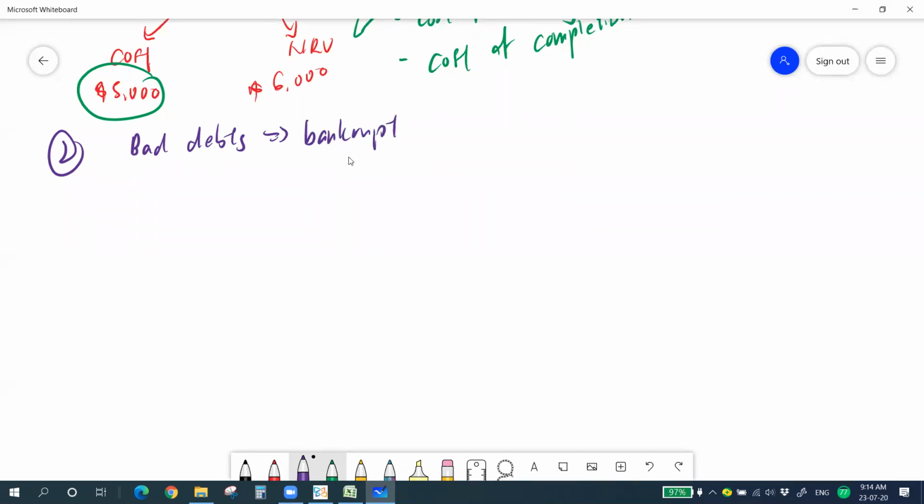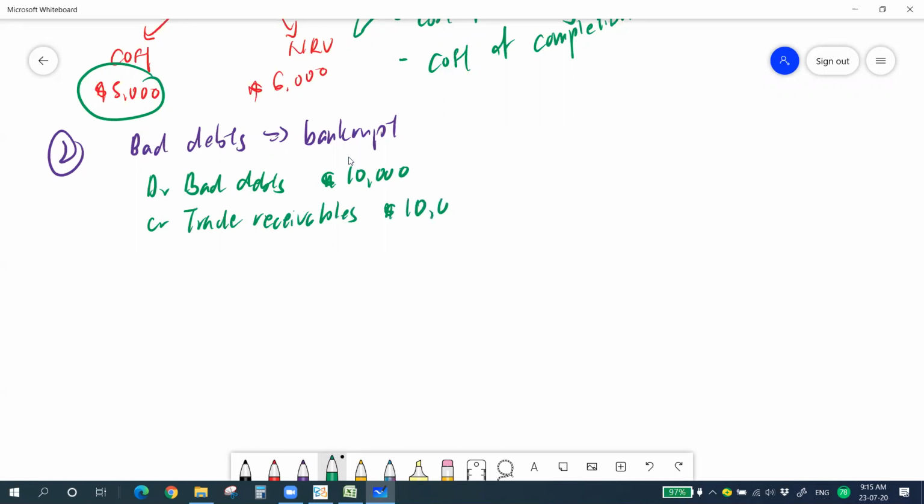So I have to provide the double entry for this bankruptcy. When we have a bad debt, our double entry is debit bad debts 10,000, and then credit trade receivables 10,000.